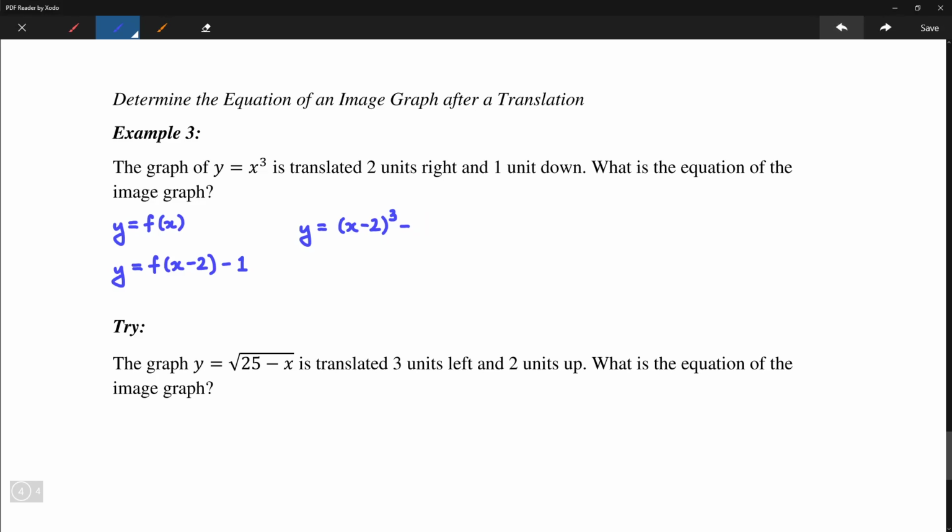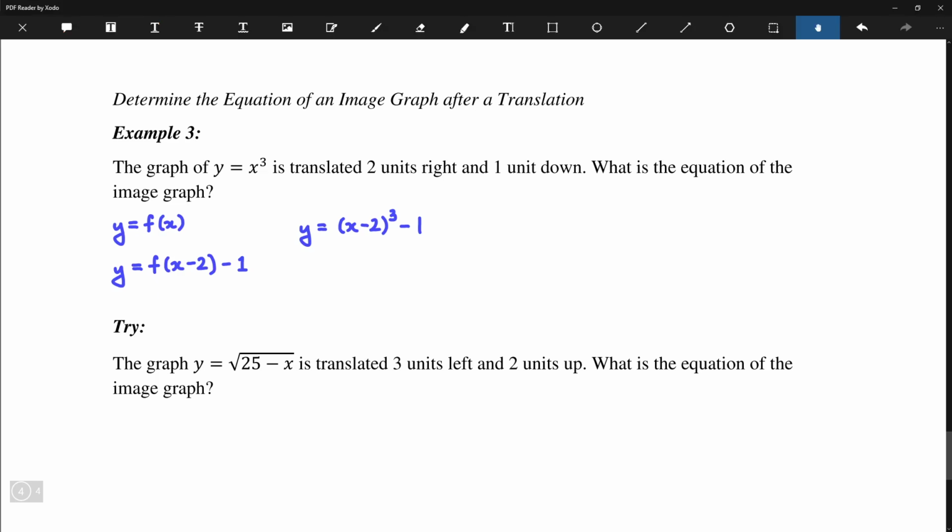Just 1 unit down, sorry. So that's all that needed to be done. We could expand the (x minus 2) cubed by multiplying it out, but that doesn't seem necessary in this case, so we'll leave y equals (x minus 2) cubed minus 1 as our final answer.